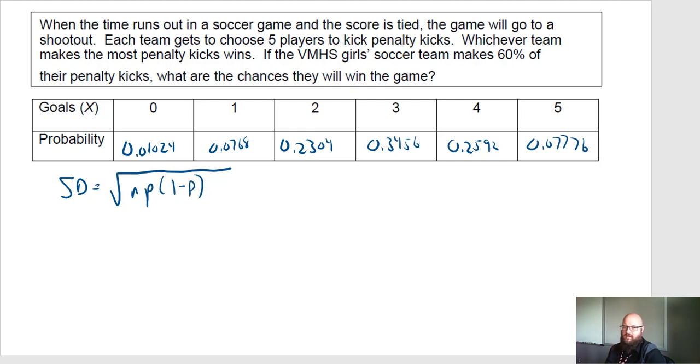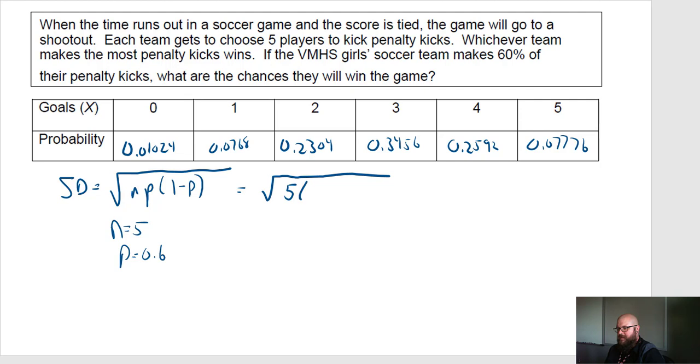So in this case, the number of trials, our n, was 5. Our probability was 0.6. We had a 60% chance of making the goal. All right, so that means we can simply plug these values in.